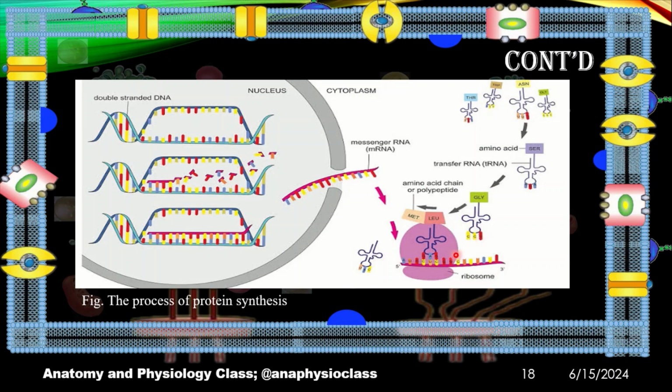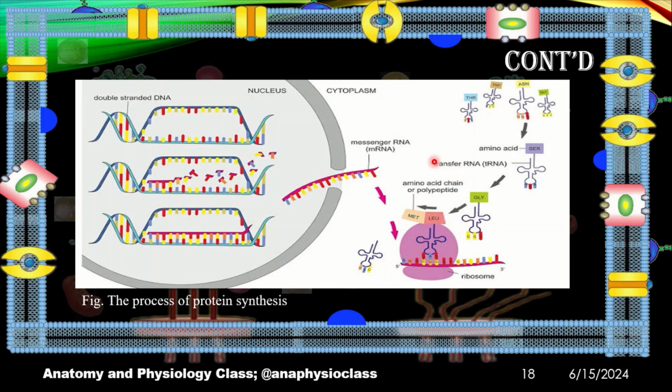Different kinds of amino acids. When it reads the codes, the transfer RNA that corresponds to this code will attach to it. When it attaches and reads the code, it will release an amino acid, and then a long chain of amino acids will be produced.